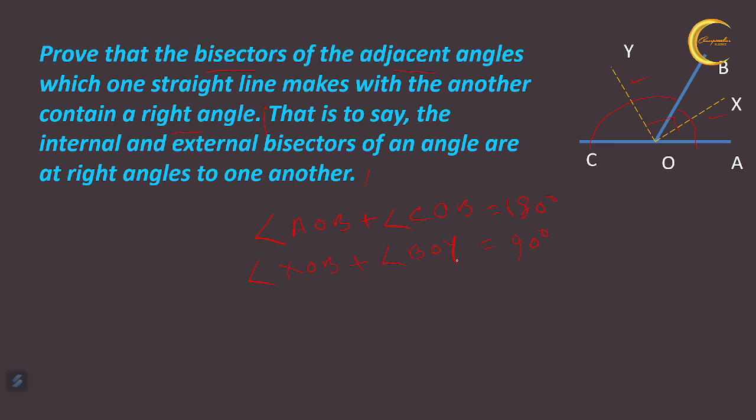It is very simple. Angle XOB equals half of angle AOB, and angle BOY equals half of angle COB, so the sum equals half of 180 degrees equals 90 degrees. Now it is proved.